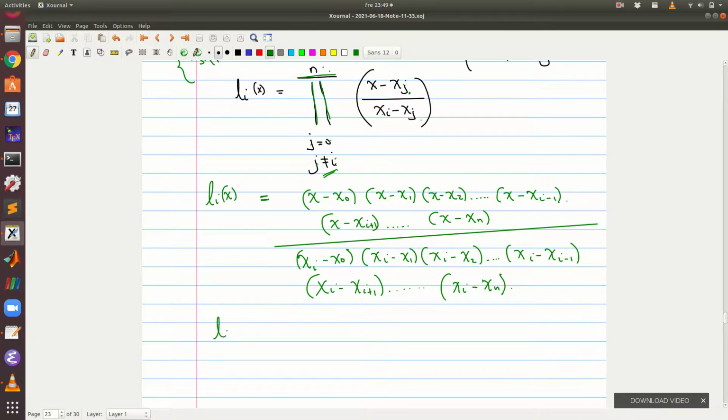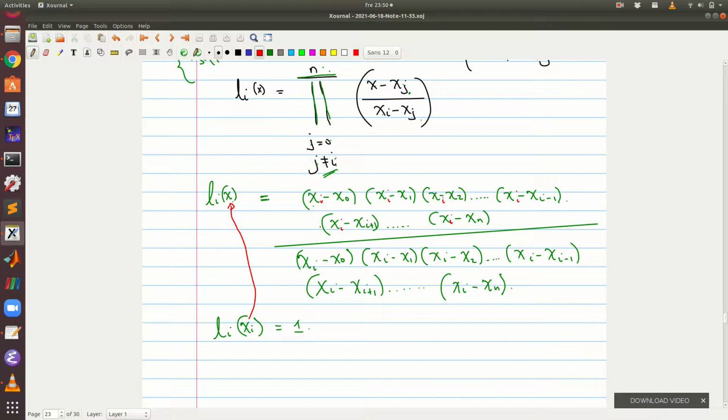And of course, we know we have this important property that Li of xi equals 1. Actually, we can check that Li of xi, in other words, when x is xi, definitely whatever you have is going to be 1.